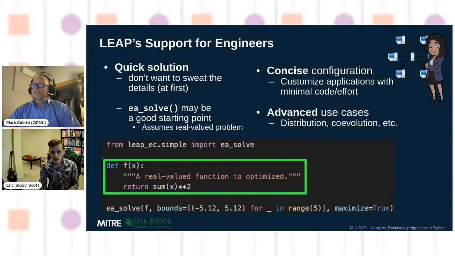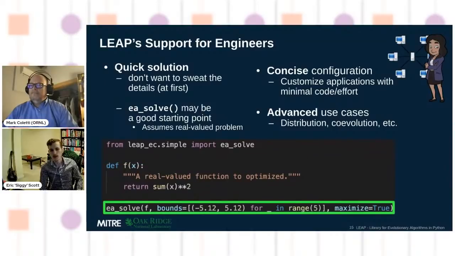This is what you would define to characterize your problem in terms of a fitness value that you want to maximize or minimize. And then since functions are themselves first-class objects in Python, like many programming languages, we just pass that function directly into our solver. So this kind of interface can get you up and running really quickly. For example, in a continuous optimization problem, that's what we have it configured for here.